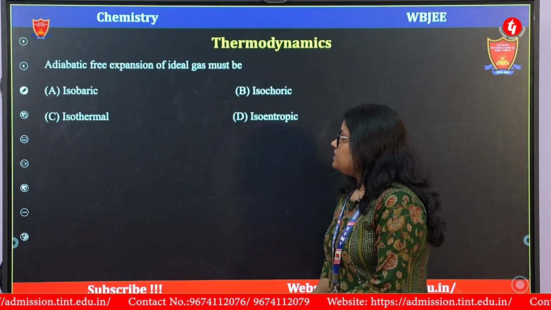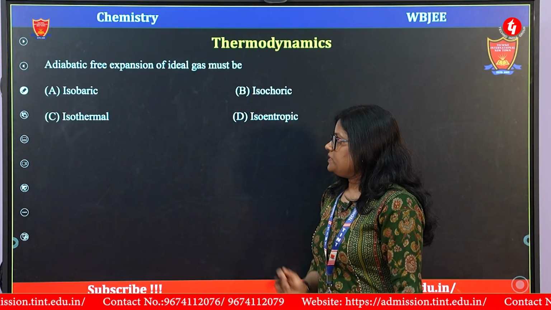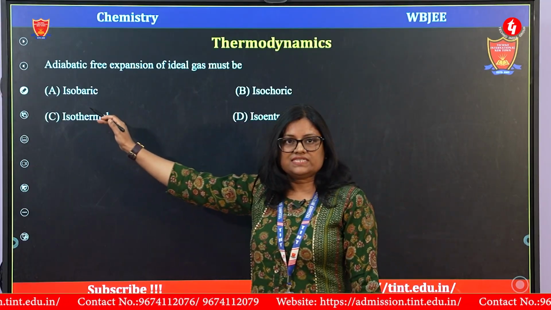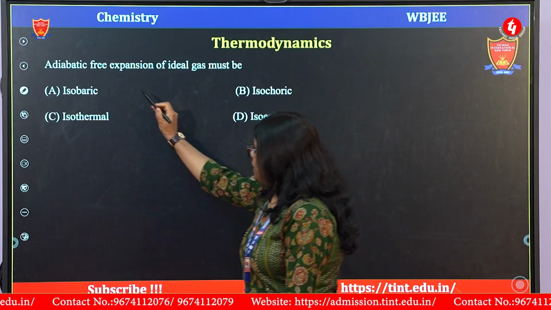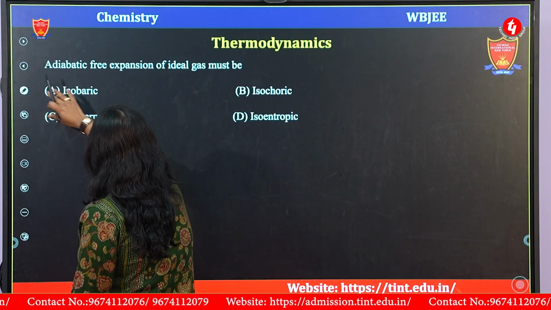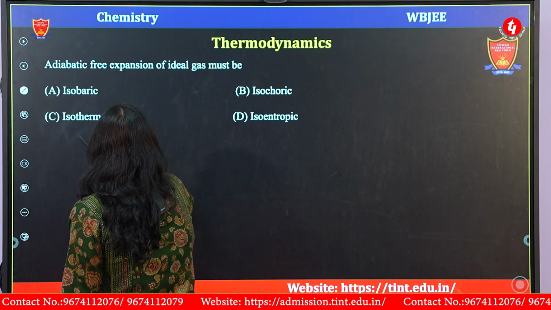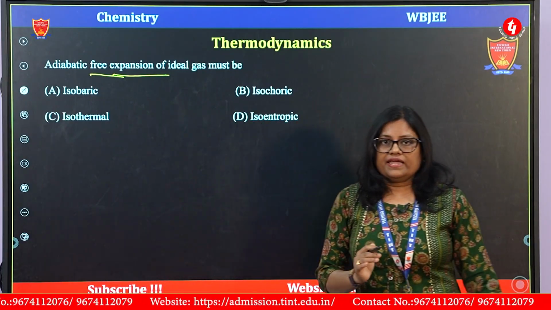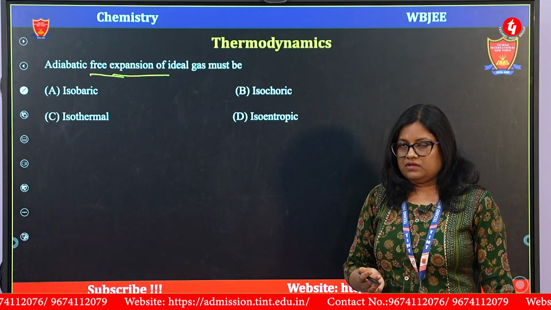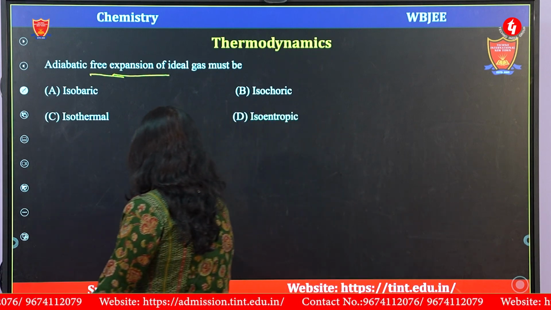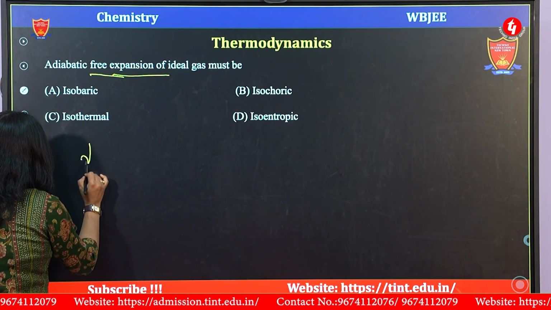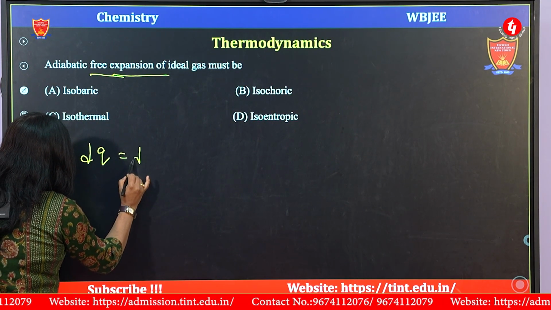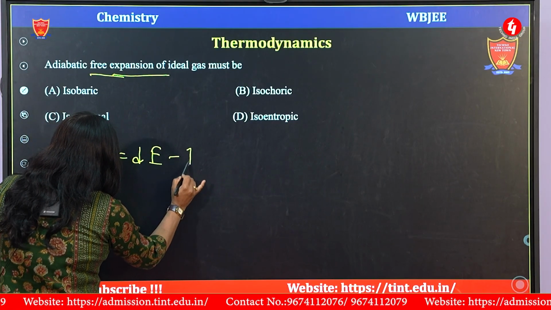Adiabatic free expansion of ideal gas must be. You can see the process is adiabatic and free expansion. Free expansion means expansion against zero pressure. Now, from the first law of thermodynamics, we know that dq equal to dE minus dW.